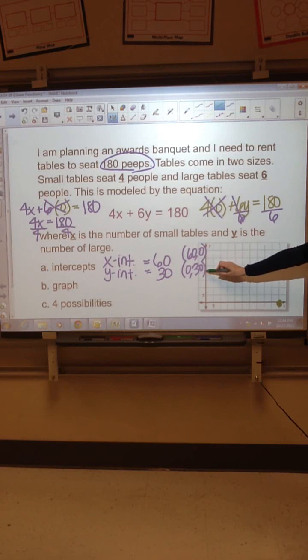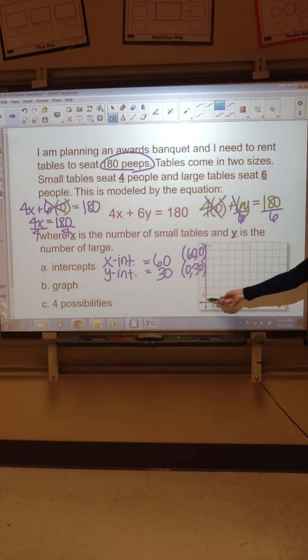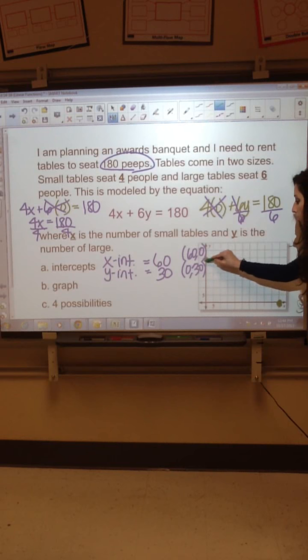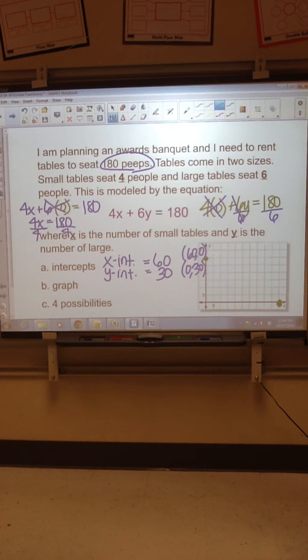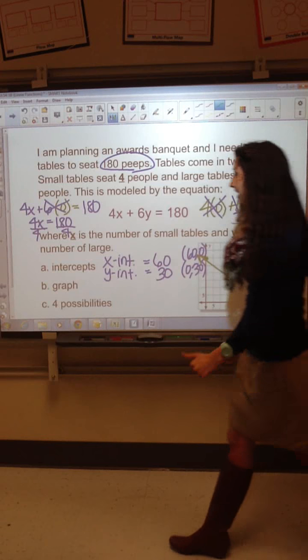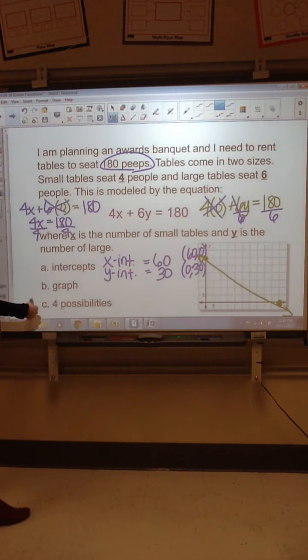And then I need to plot my second one. When x is 0, I haven't moved, y is 30. So 5, 10, 15, 20, 25, 30. Do I have 2 points? Can I connect the dots? Linear function? Awesome.